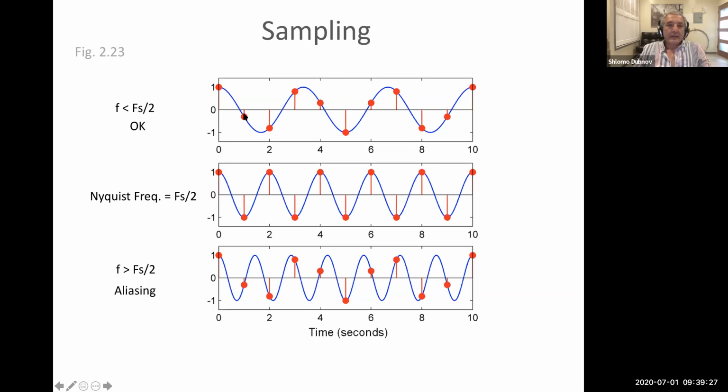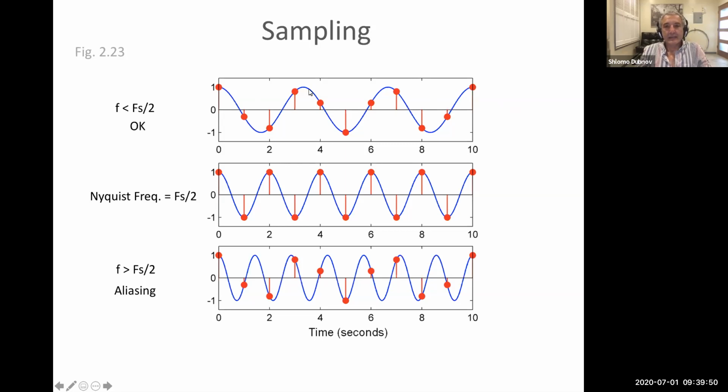You can see that if you have enough samples every period, you can visually imagine that you can reconstruct the top waveform from the samples. Of course, you need some sort of interpolation. So the whole sampling theory gives you the optimal interpolation functions that will actually recover your frequency components.